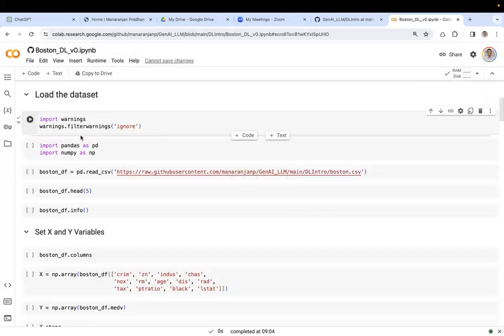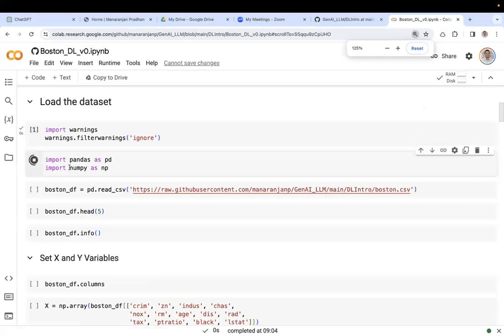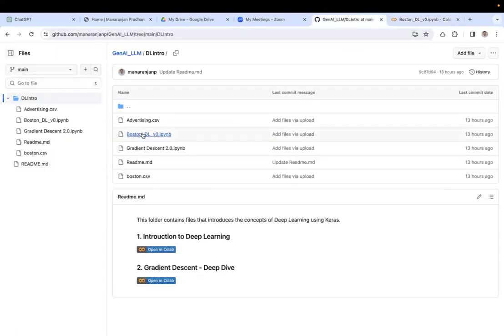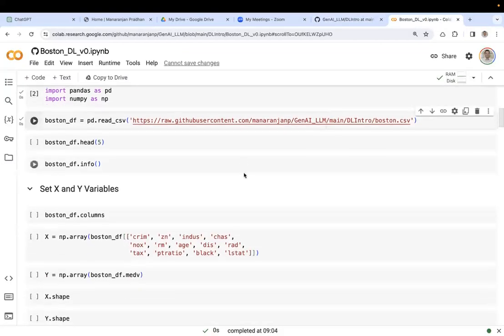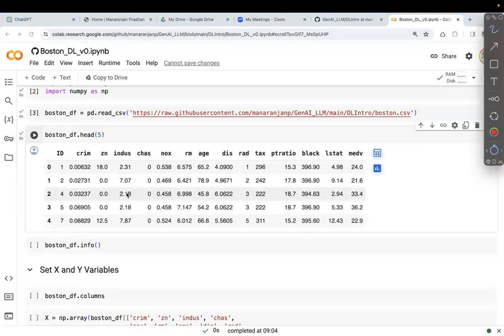import the required libraries here, pandas, and read the CSV file. The CSV file is pointing to a GitHub location, this particular data file called boston.csv. And then let's look at some of the samples. Okay, so for this particular house, the median price of the houses in this locality is about $24,000.